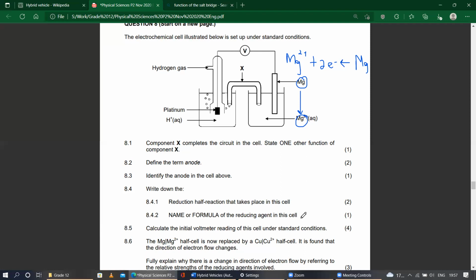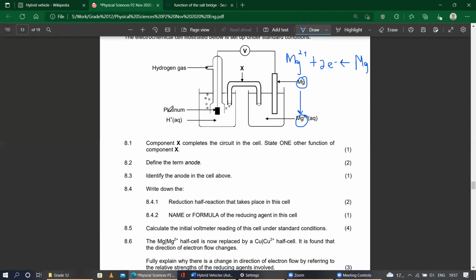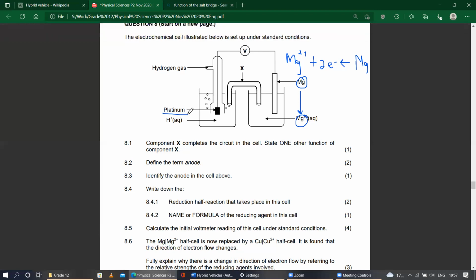Basically, the reducing agent is the one that receives electrons. So in our particular case here, we have platinum. Platinum has to be a reducing agent in this cell.